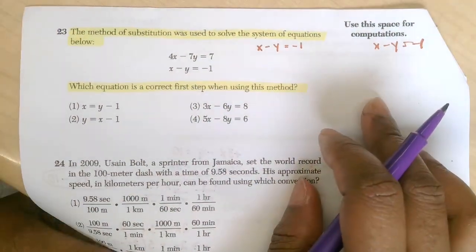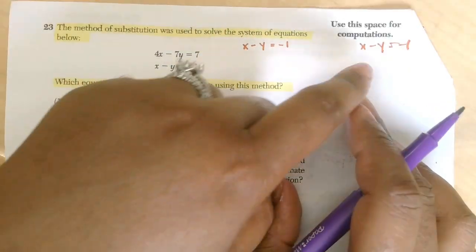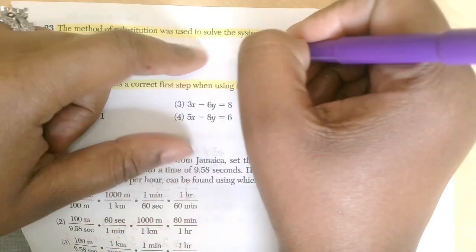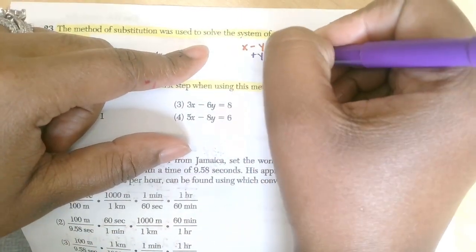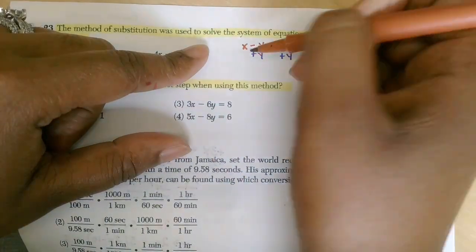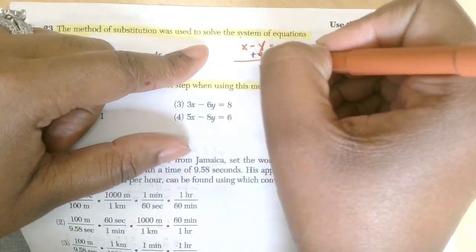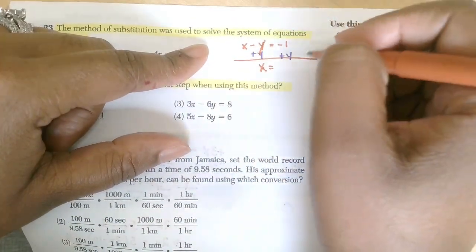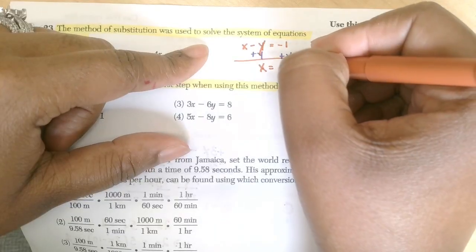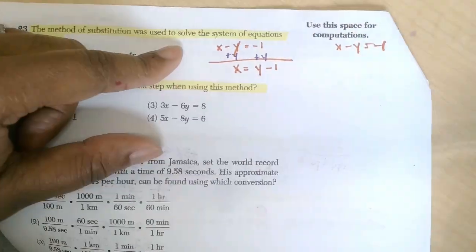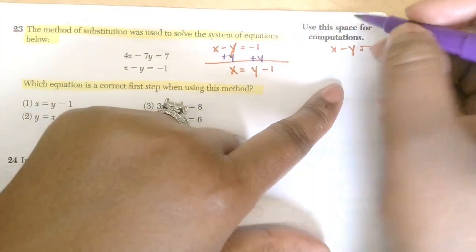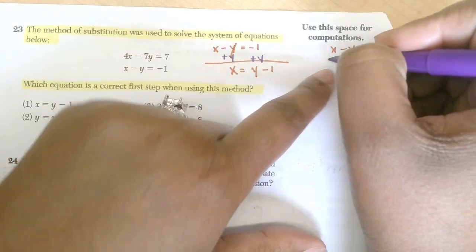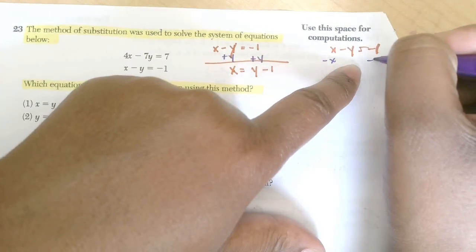We're going to have x on the left and y on the left. So I'm going to bring over this y. X is equal to y minus 1, or if I need the y by itself, I'm going to say -x, -x.